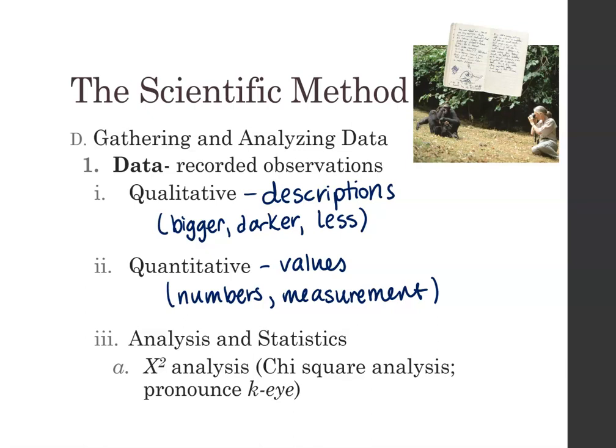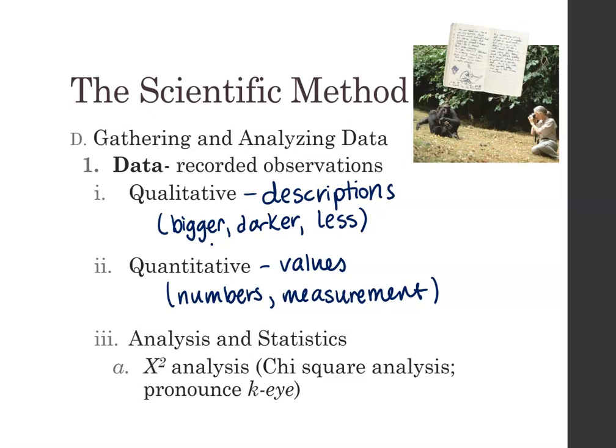Usually you want to shoot for quantitative, and the reason for that is that it's a little bit easier to make distinctions. If you want to say something's bigger, well, what do you mean by bigger? That's completely subjective. So sometimes qualitative, while not useless, are not the best way to collect our data.